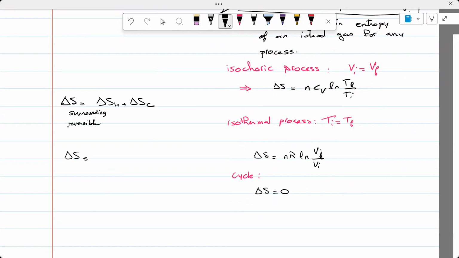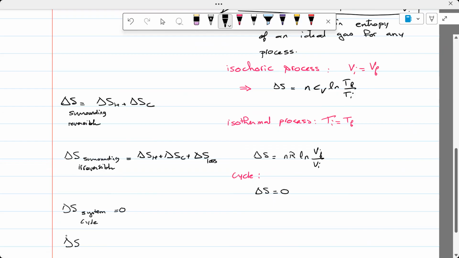If you had to study the surrounding and you had some irreversible process, we will have to add some effect of energy loss to the environment or friction or whatever. Now, if I'm studying the system, not the surrounding, if you have a cycle, this is going to be 0.